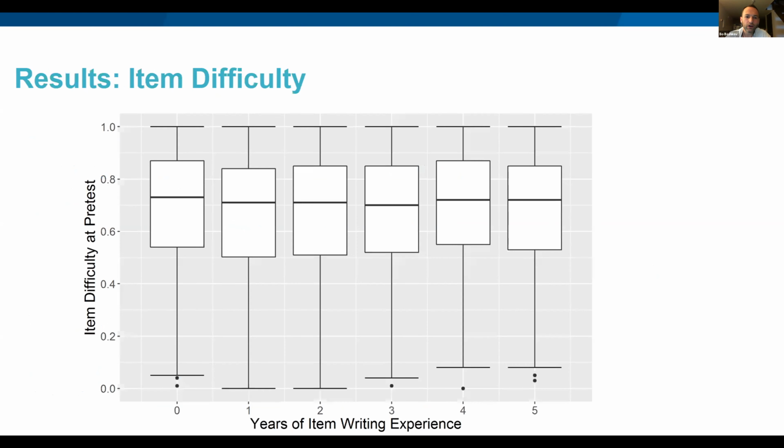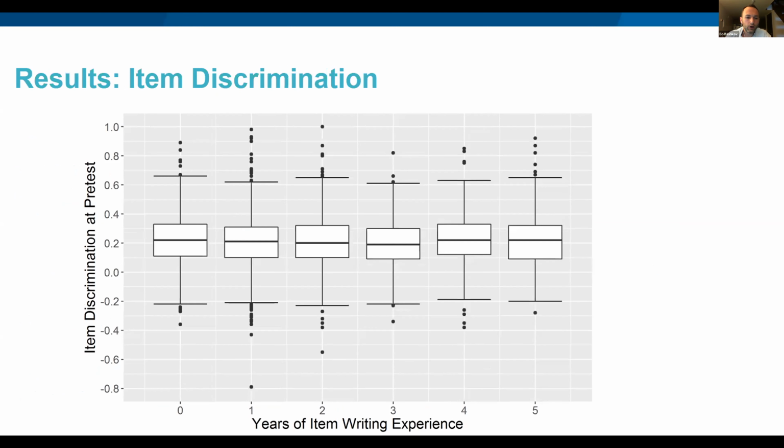And here are our results. On the y-axis in this graph, I'm showing item discrimination at pretest, and the x-axis is years of item writing experience. These box plots give us a good visual representation of the distribution and clustering of item discrimination across years of item writing experience.